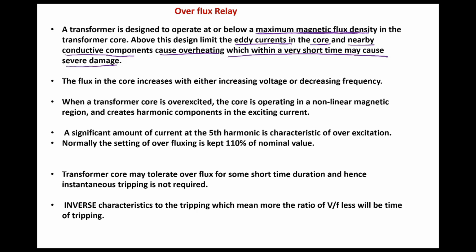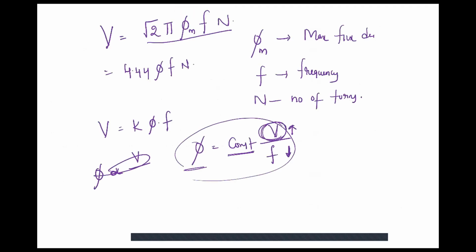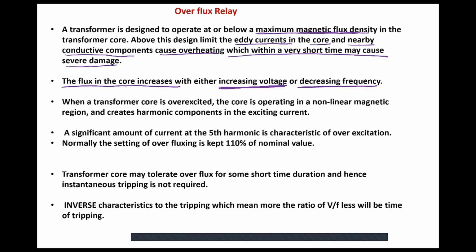How does the flux in the transformer core increase? If you apply voltage on the primary side more than the rated value, or if the supply frequency is less, the flux in the transformer core will increase, either by increase in voltage or reduction in the frequency.